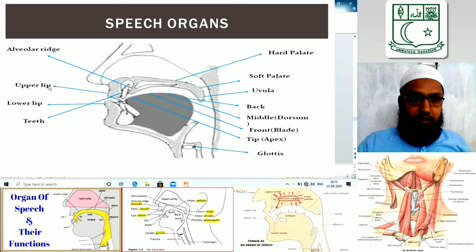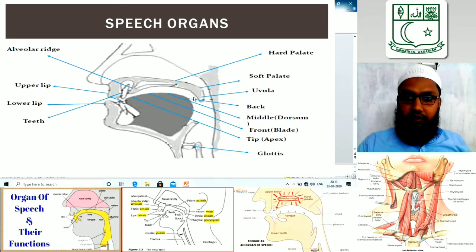Then upper lip, lower lip, and teeth. These are all the common things we know. Here we have the hard palate, above the center part of the tongue. Then the soft palate, just above the back part of the tongue. Then below the soft palate we have the uvula.